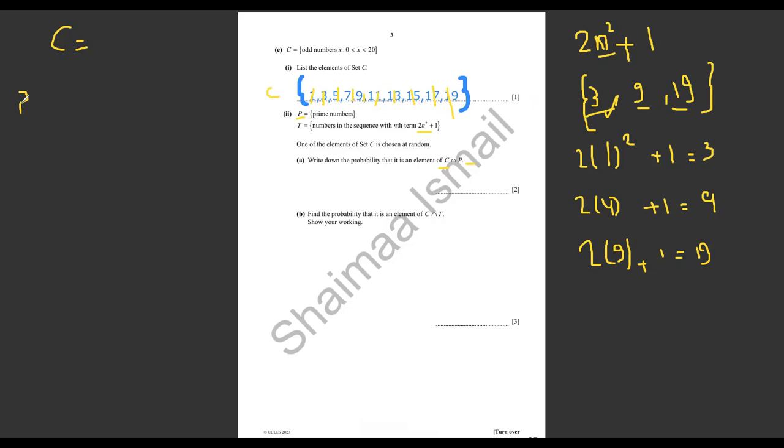So the prime numbers from these which will be common: 3, 5, 7, 11, 13, 17, and 19. Let's count how many numbers. If we count these, we found 1, 2, 3, 4, 5, 6, and 7 common numbers. So that is 7 over 10.